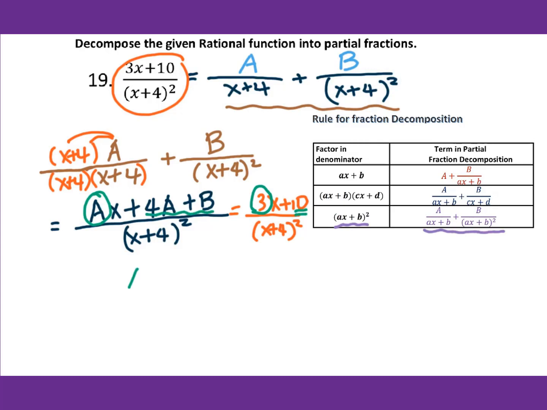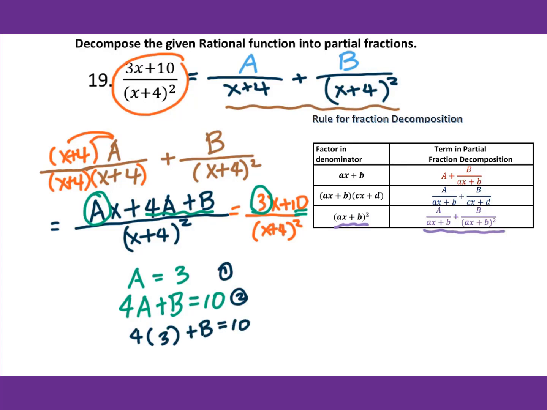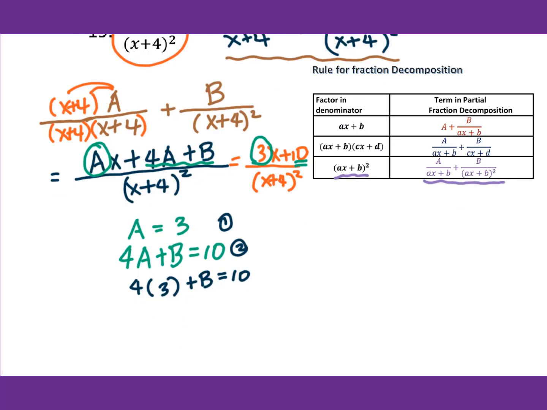So we set up a equals 3 and 4a plus b equals 10. Now I plug a equals 3 into the second equation. You will get 4 times 3 plus b equals 10. Then you solve this. This is 12, so b equals 10 minus 12, which is negative 2.